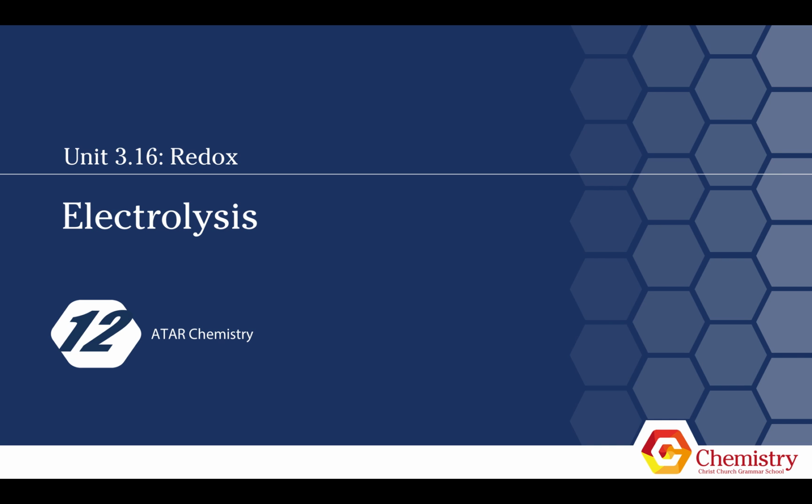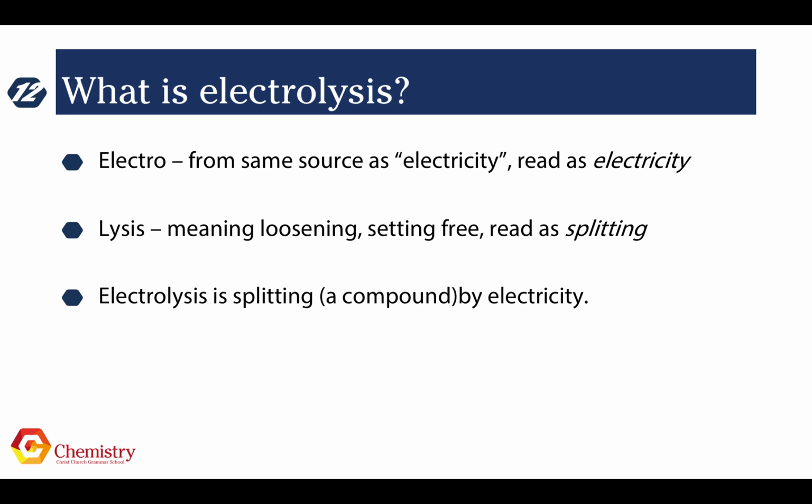Now this process is called electrolysis, and electrolysis essentially means the splitting of a compound using electricity. So lysis means loosening or setting free, and you can read that as splitting, and electro obviously means electricity.